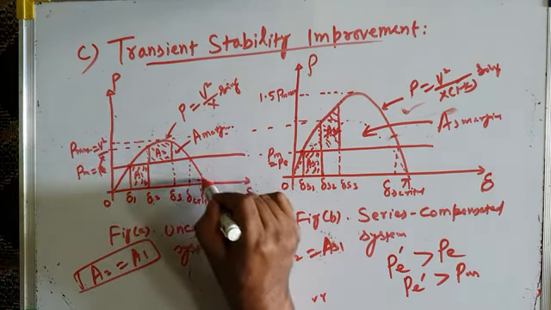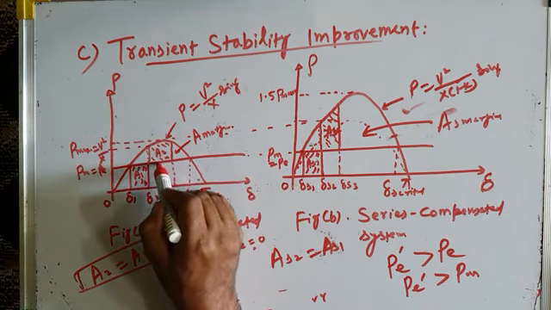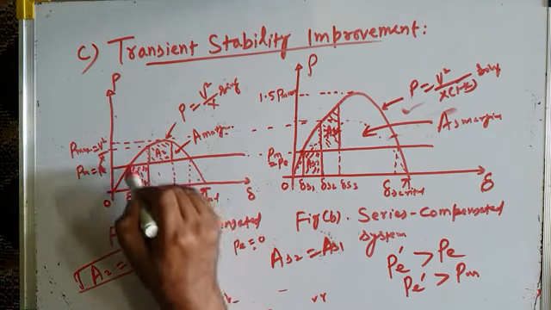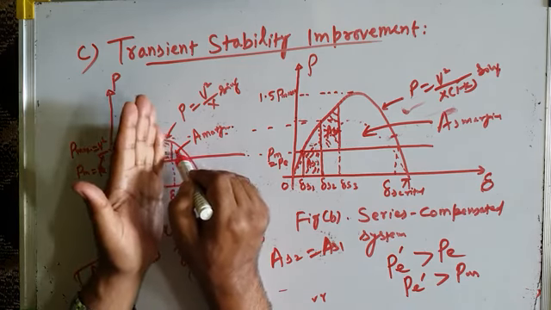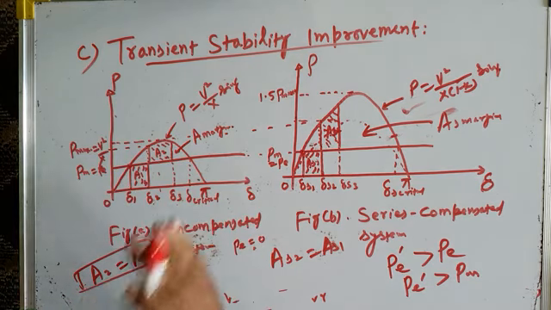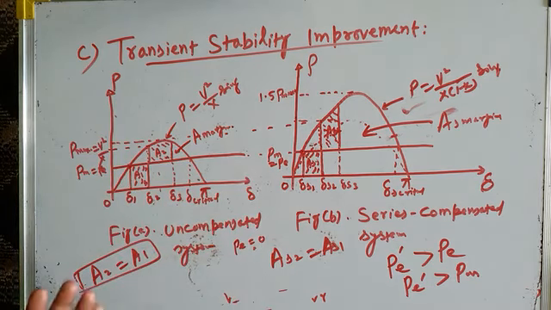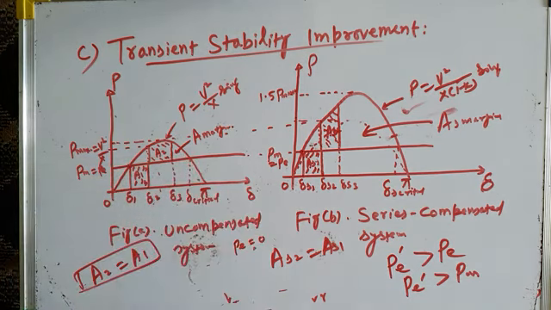For example, if the fault is cleared here, then this will be the accelerating area, and the decelerating area will be only this much, which is less than the accelerating area. When that happens, the system never comes back to steady state, and it becomes unstable. This is because of the small margin of stability, A margin.